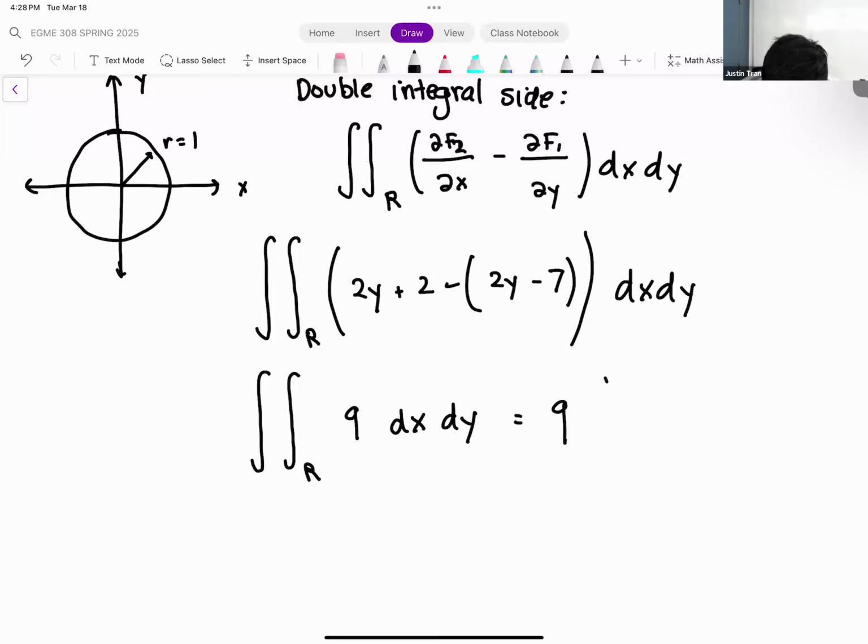So we have 9 times the double integral around the region R, dx, dy. And so we have a double integral across a region of just 1. This is a very special integral: when you have the integral of just 1, it ends up being just the area of that region.